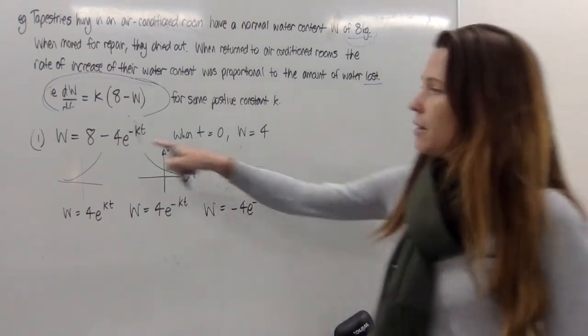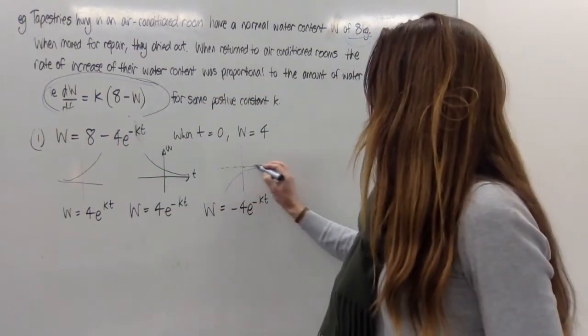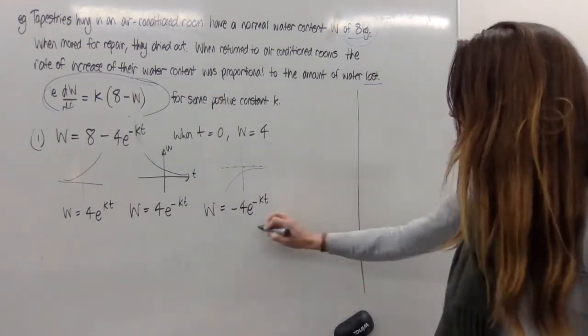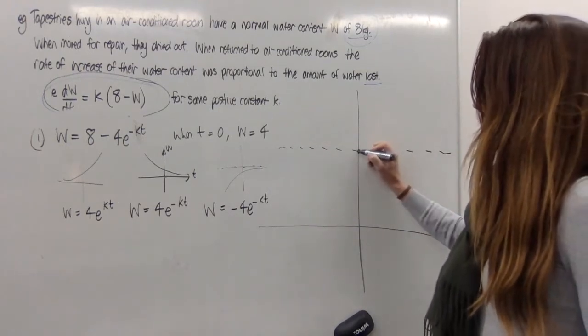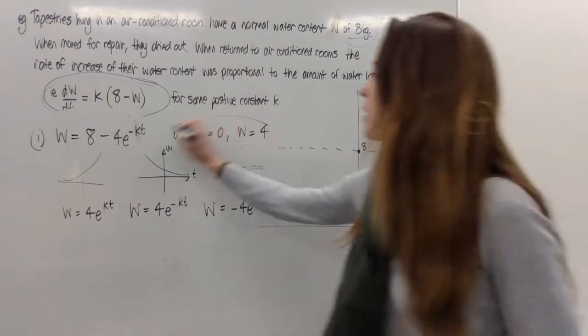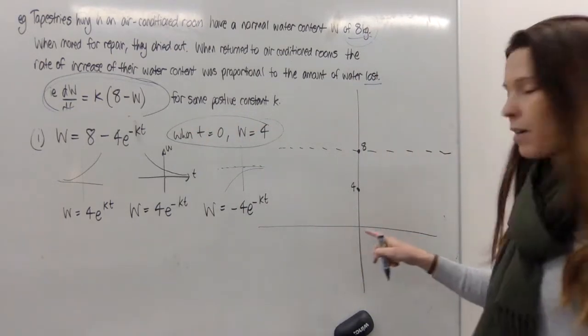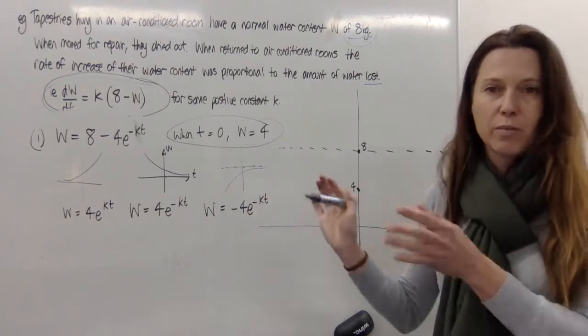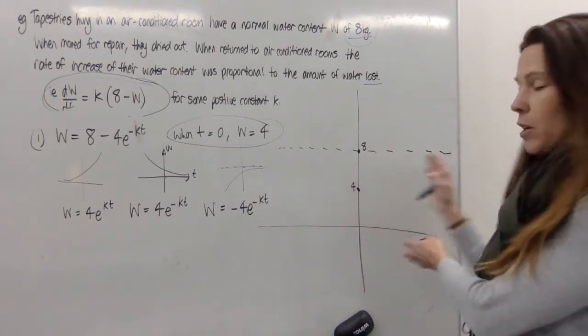Okay, and then the last step, lifting this thing up 8. At the moment it's got an asymptote at 0, so my final graph has an asymptote up here at 8. I know that it starts out here at 4. I'm not going to bother graphing negative time, because we're only considering what happens from the initial moment, the start of the experiment, onwards.